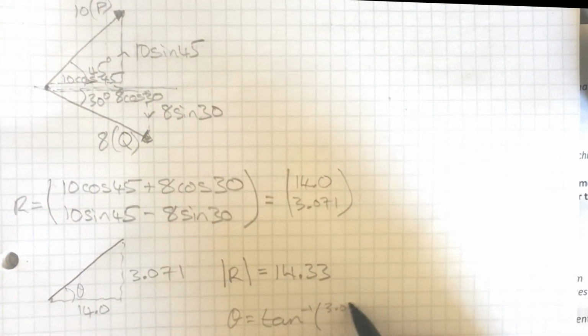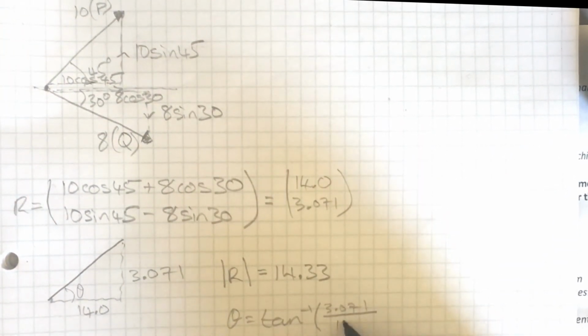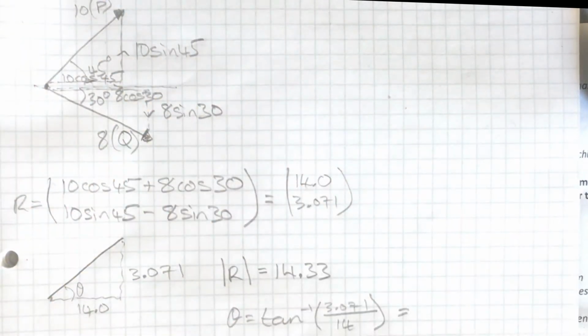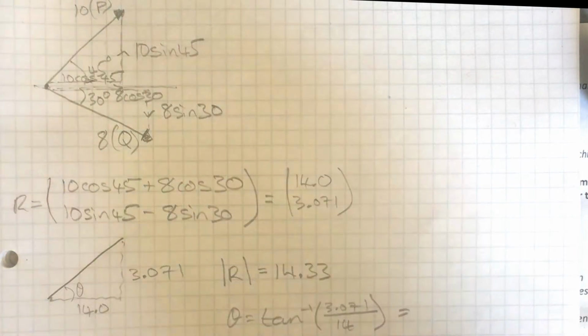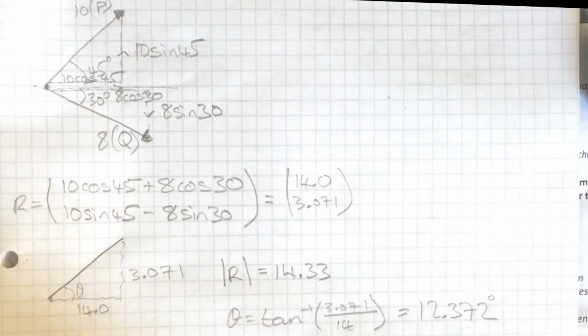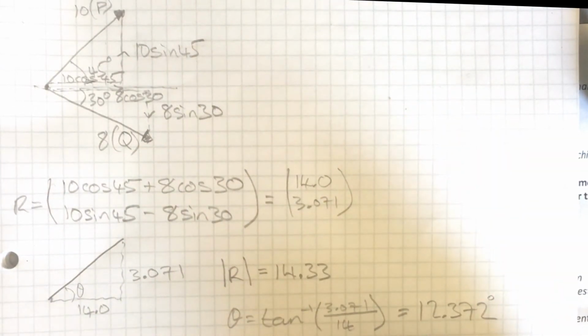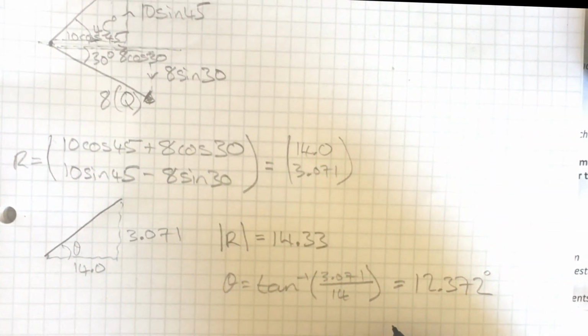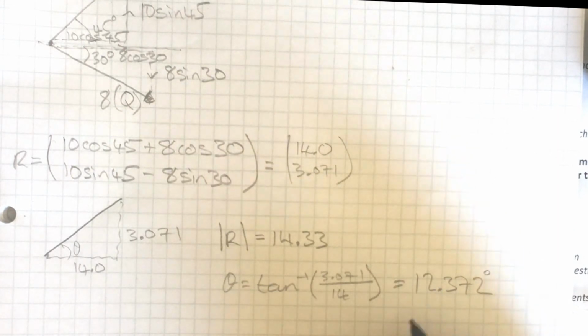Okay, so inverse tan of the opposite over the adjacent. And that should lead to the angle of 12.372 degrees. And to be specific, we can say that that is above the horizontal or above the x-axis. So we know that it's not underneath or below that horizontal.